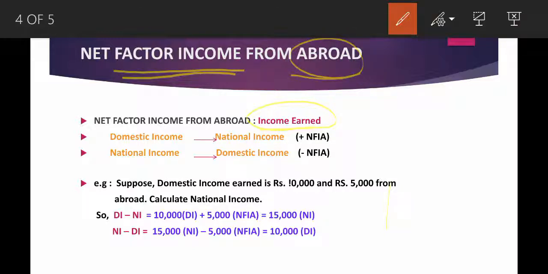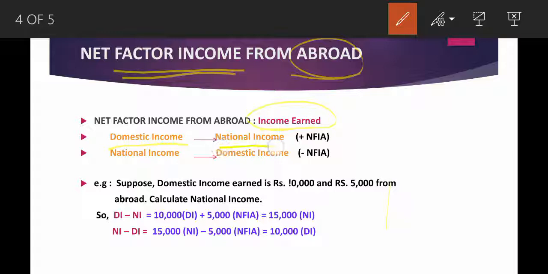So let's see. We are getting two terms here which we have already discussed in the previous videos, that is domestic income and national income. Let me recap. Domestic income is that income which is earned by the resident or non-resident of a particular country within the country.